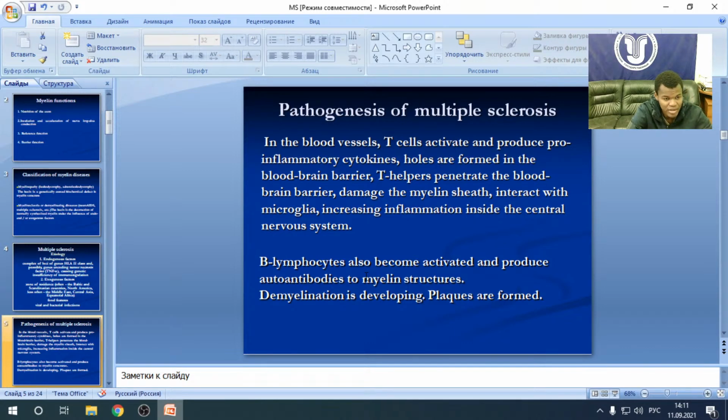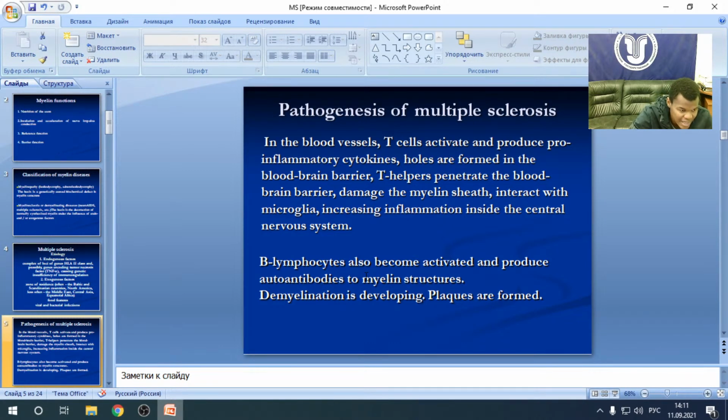When the T helpers penetrate, B lymphocytes also become activated and produce autoantibodies to the myelin structure. So here, what is going to happen? There will be demyelination, and plaques are going to form in our brain.